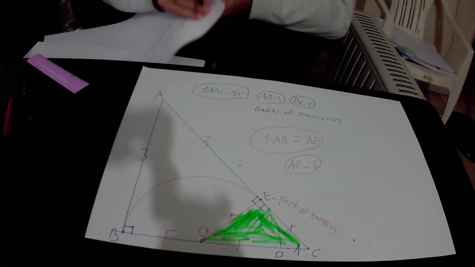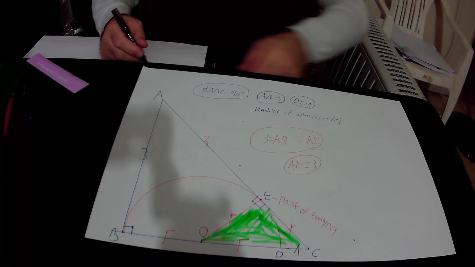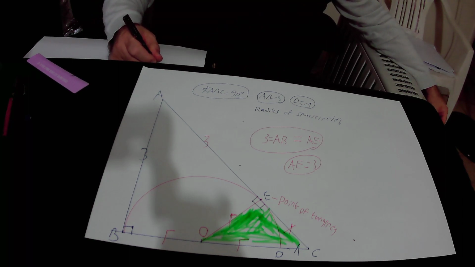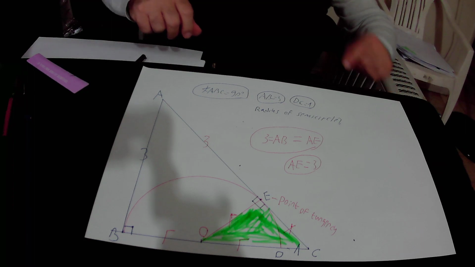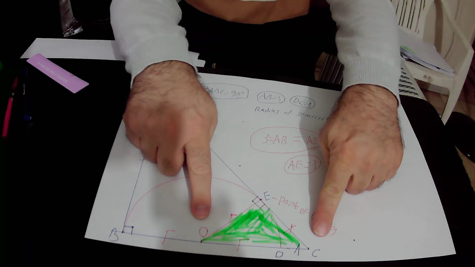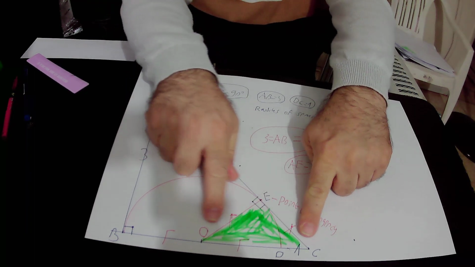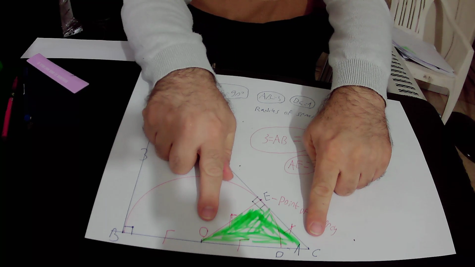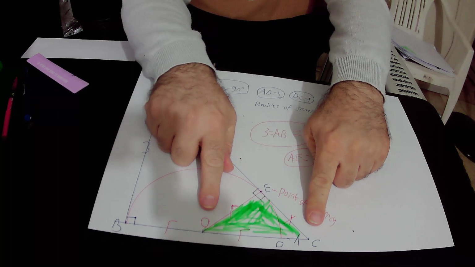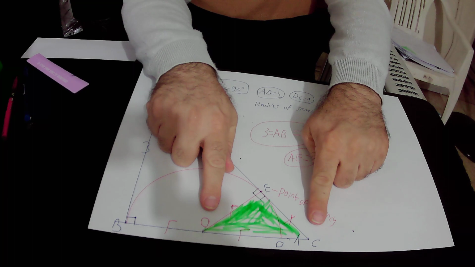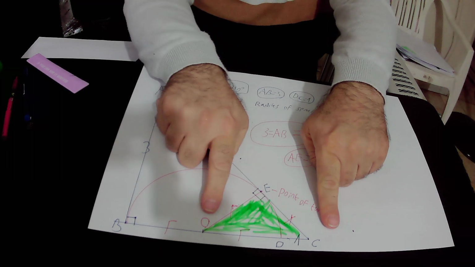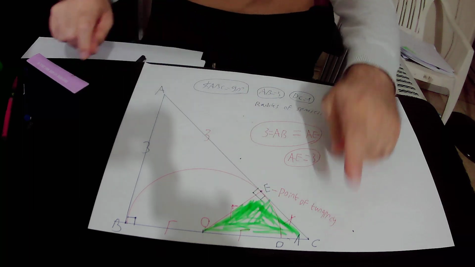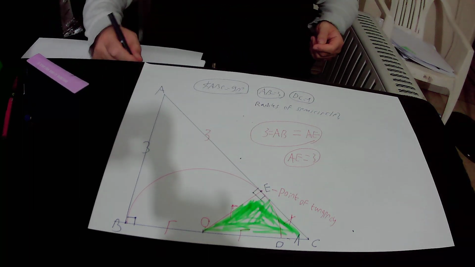But what is the length of OC? The length of side OC, you can see from the drawing, equals R plus 1. Again, OC equals R plus 1. Therefore, OC squared will be equal to (R plus 1) squared.